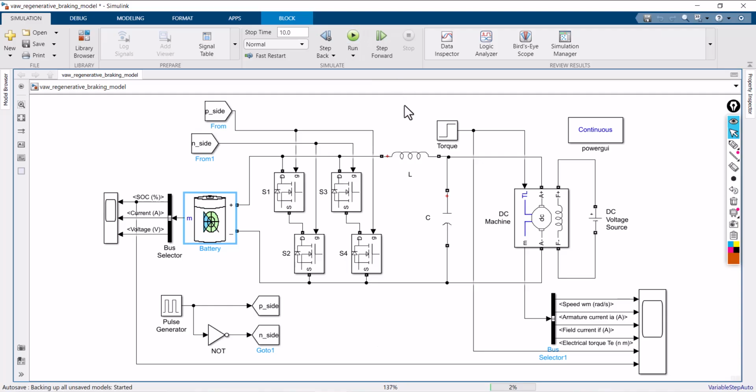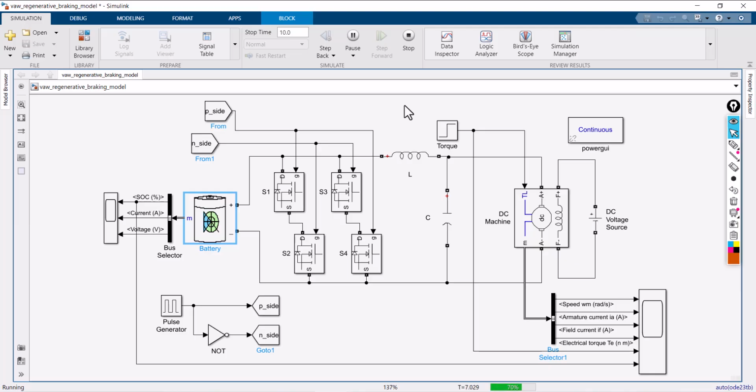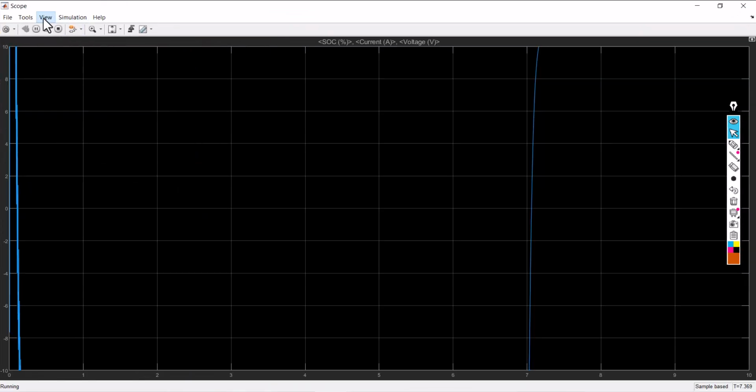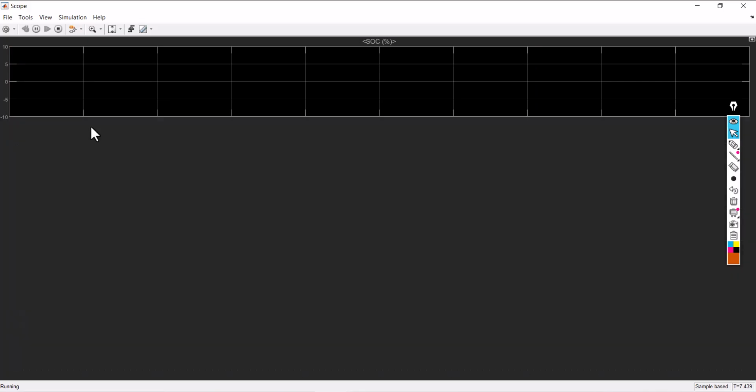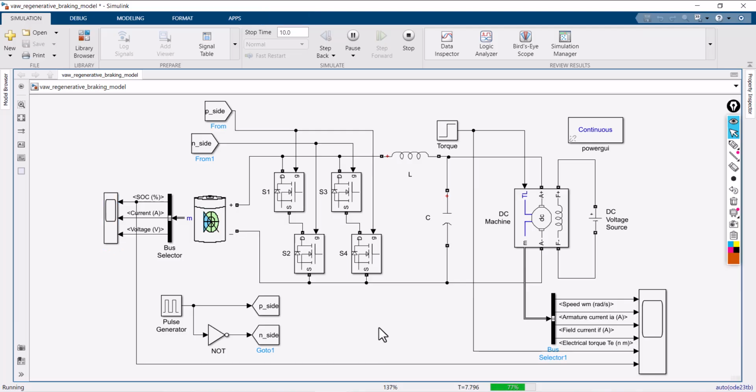If you run the system, this is quite a complex program, and according to the system's configuration, it will take a lot of time.